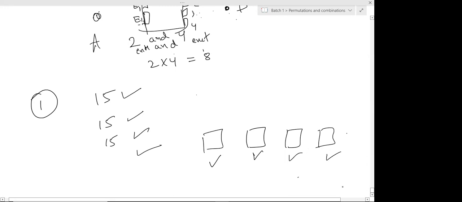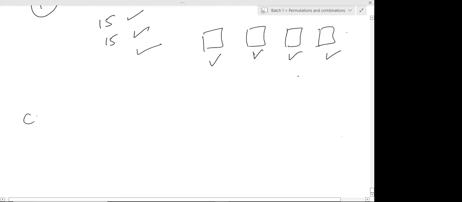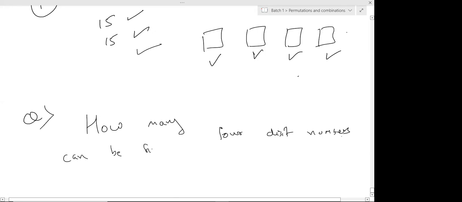All right. Another question. How many 4-digit numbers can be formed using the digits 1, 2, 3, 4, 5?